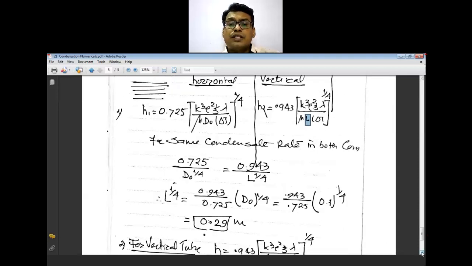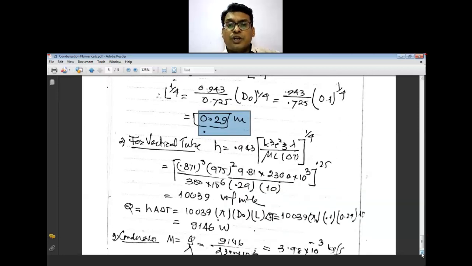So comparing these two, you will get L raised to 4 and DO raised to 4, and the rest of the things are constant. So the ratio of this comes as 0.92 meters. That is the length.